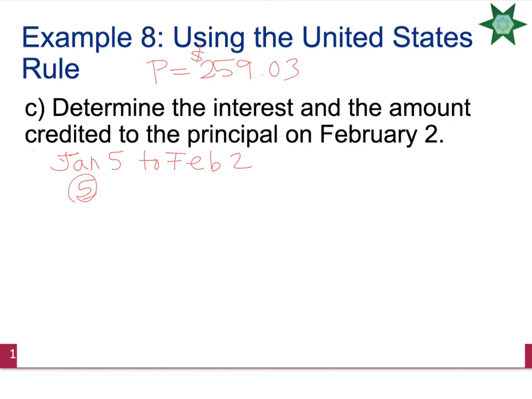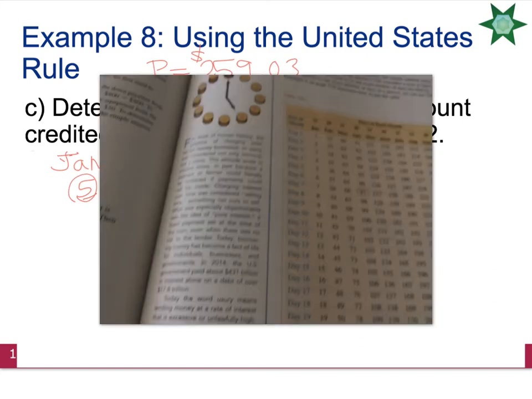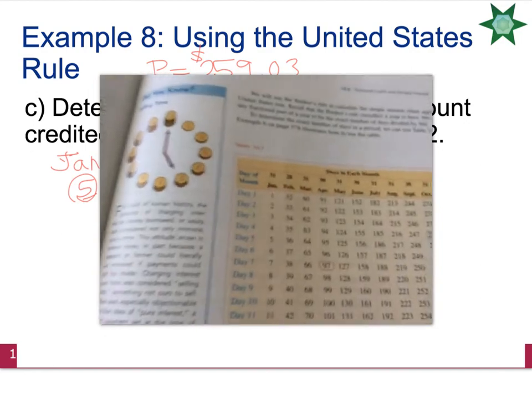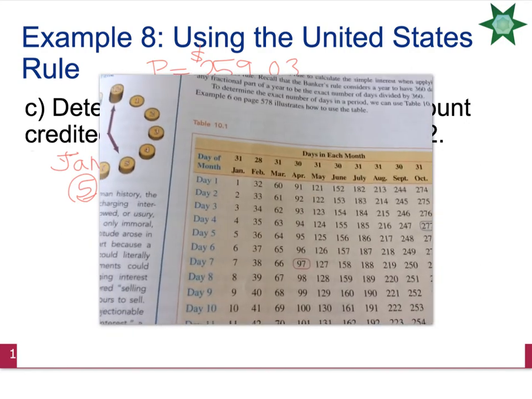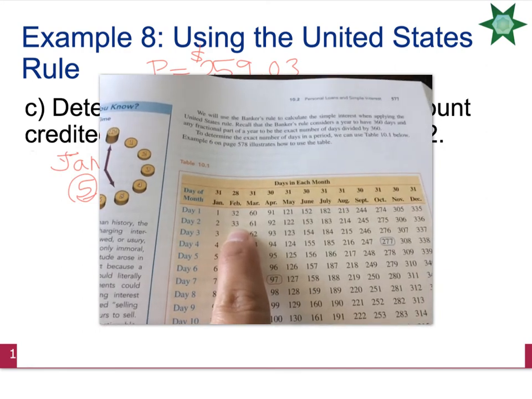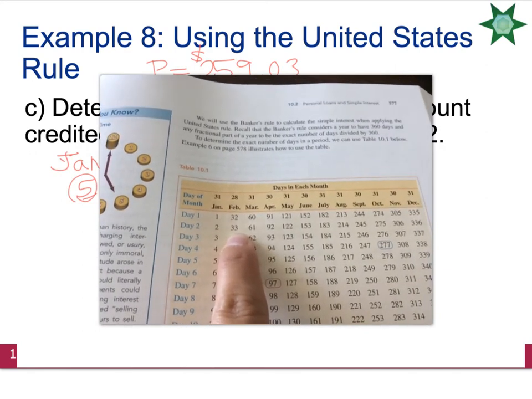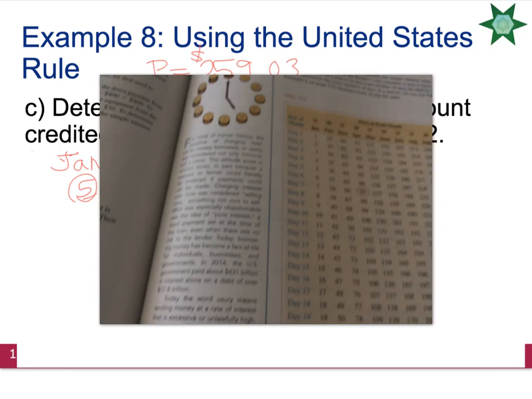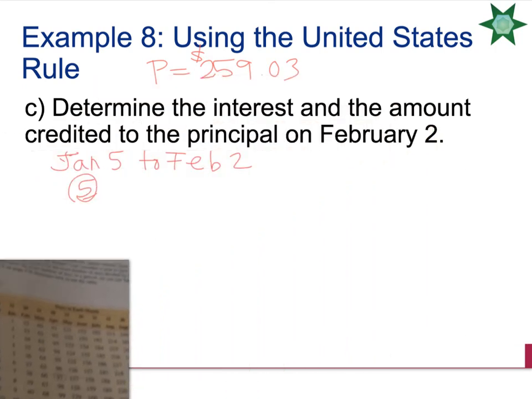And let's look at our table to figure out what February 2nd is. I'm going to go to the February column, and I'm going to the second day of February. 33 days into the year is February 2nd. So, February 2nd is day 33.